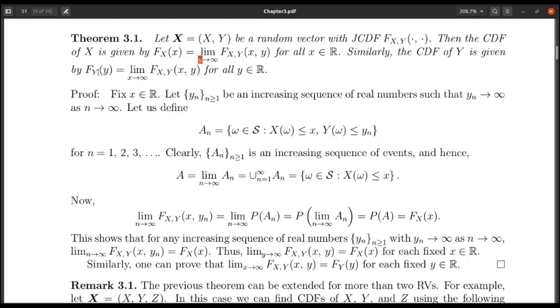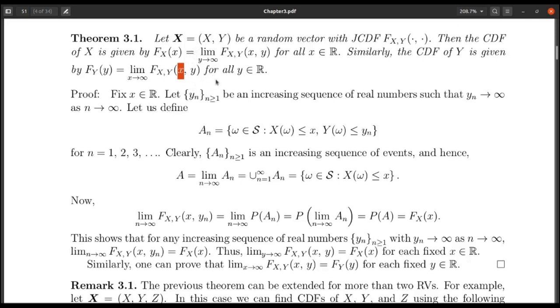Similarly, to find the cumulative distribution function of y, I need to take the limit with respect to x. Keep in mind that when I find the CDF of x at the point small x, this x is fixed and y has to go to infinity. Similarly, when I find the CDF at the point y, this y is fixed and I need to take x to infinity.